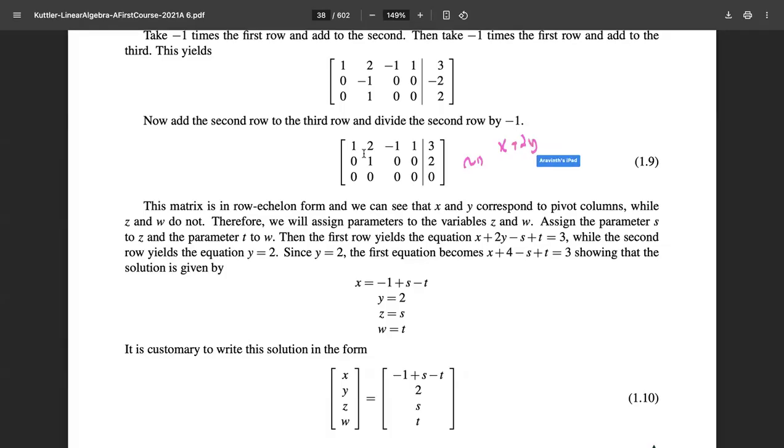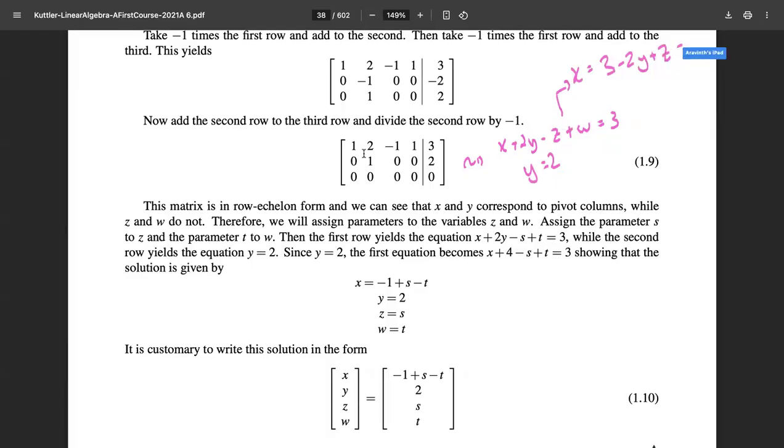We have y is equal to 2. That's our second equation. When I make x the subject here, x is equal to 3 minus 2y plus z minus w.